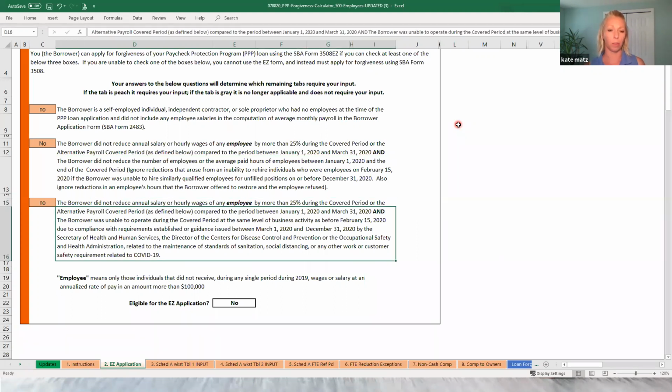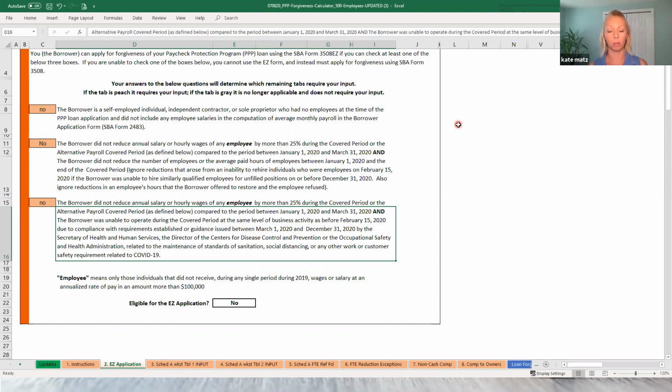Third one then is even broader. It starts out the same as the second, and it says, okay, you can't have any of those compensation reductions over 25%. And then when it starts looking at the FTEs, it says, all right, you are allowed to have FTE reductions if those are because you are following those government mandates or guidelines that were put out for COVID.